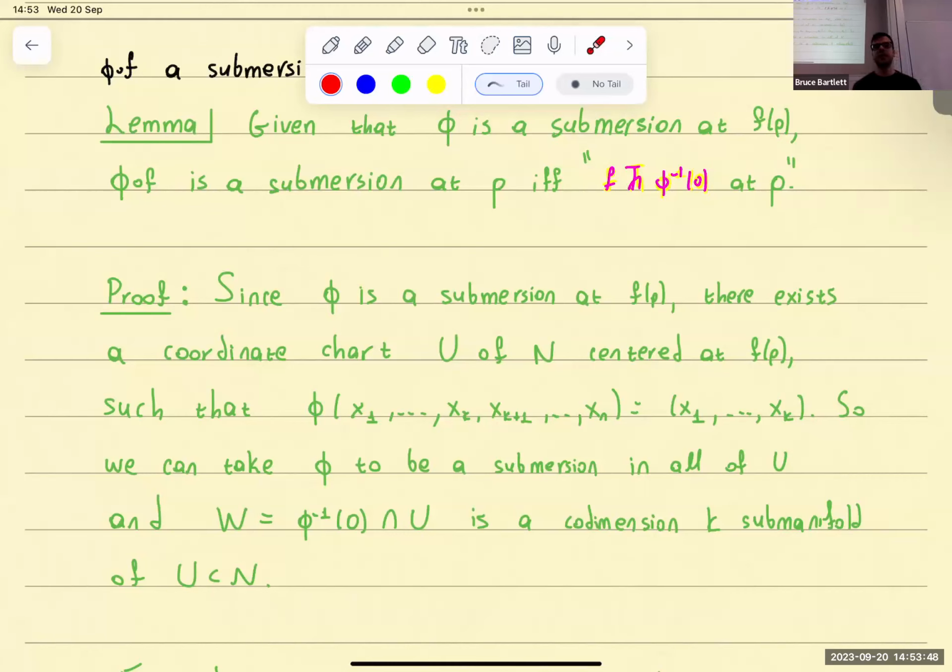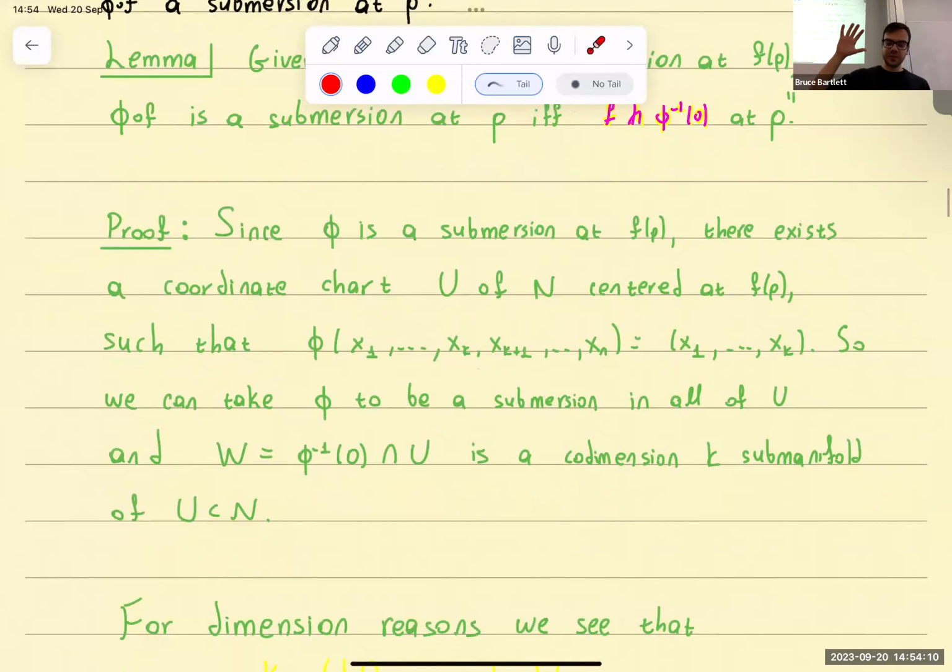I somehow really liked this statement as it was stated, because morally that's how I think of it. Gillemin and Golubitsky, you won't see that written there, for a good reason, because it's not true. But I sort of wanted us to think of it like that.